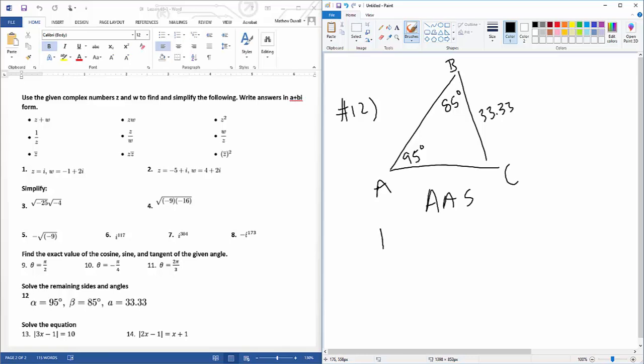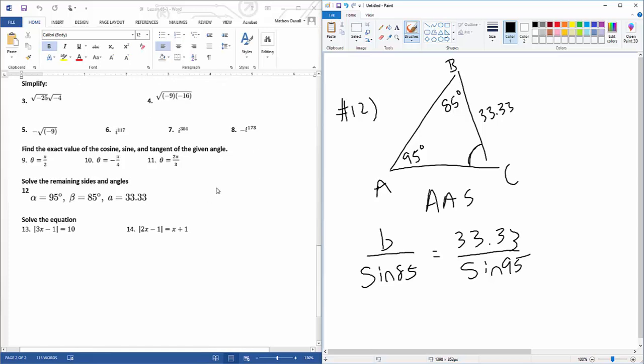So just to set you up, you do b over sine b equals a over sine a. Get b by itself, solve for b, enter all that in your calculator to find this angle, 180 degrees minus the rest, etc., etc. But there's something about this triangle, so hopefully you notice it.